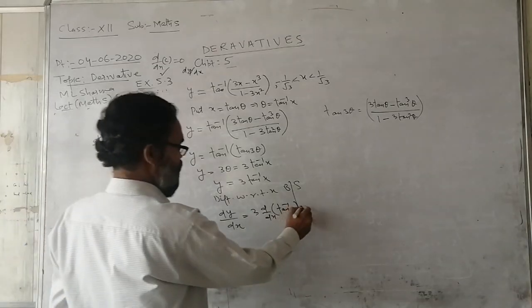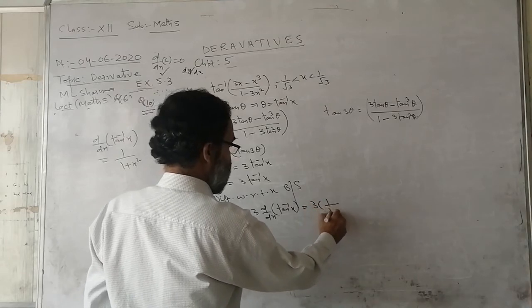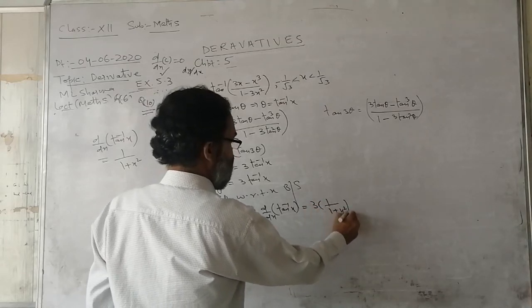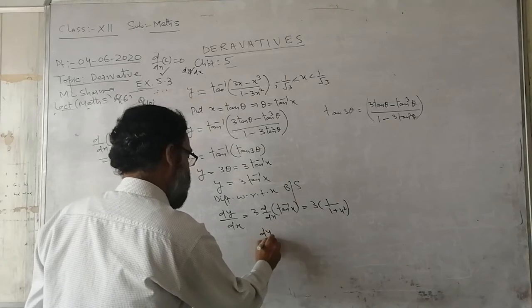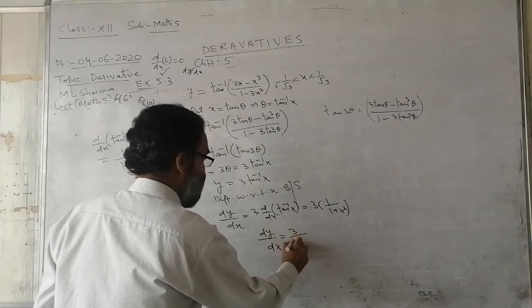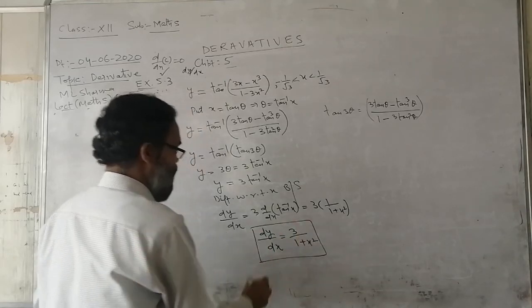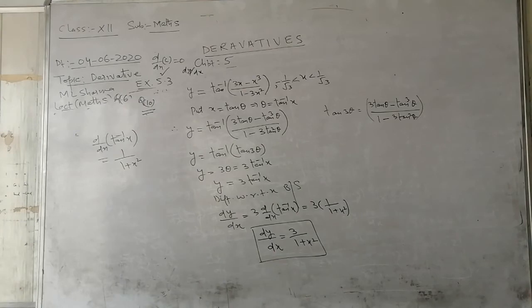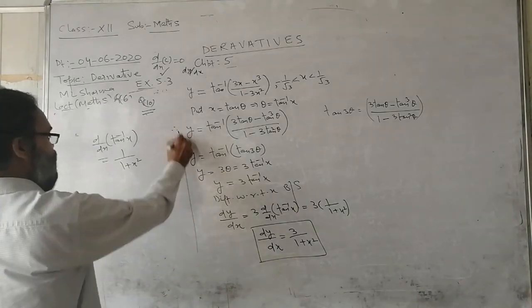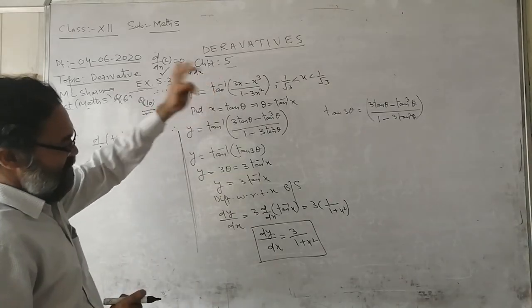So this will equal 3 times 1 upon 1 plus x square. So that means dy upon dx is 3 upon 1 plus x square. So in this way we can find the value of dy upon dx. So this type of questions, they are called the derivative of inverse trigonometric functions.